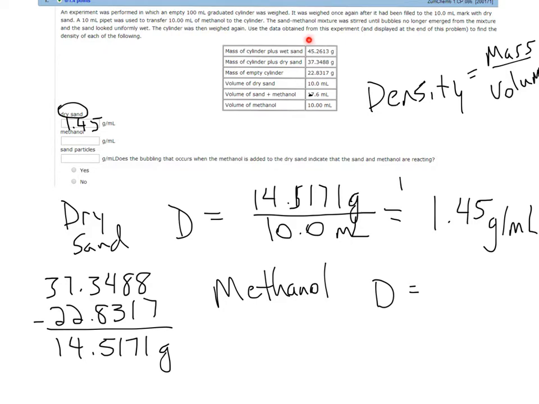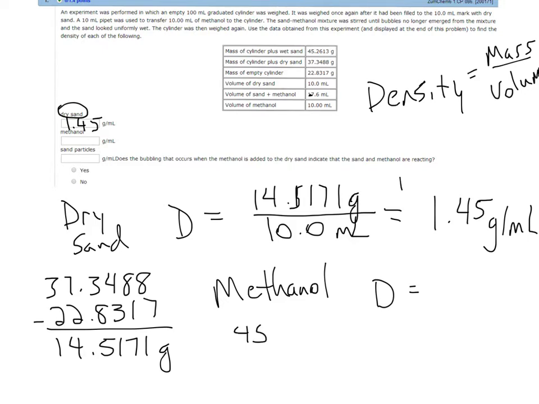First of all, the mass of the cylinder plus the wet sand. So that's the dry part of the sand, plus the cylinder, plus the wetness due to the methanol. And then this other number directly below it, 37.3488, that's just the cylinder plus the dry sand. So if you subtract those, you should get the mass of the methanol.